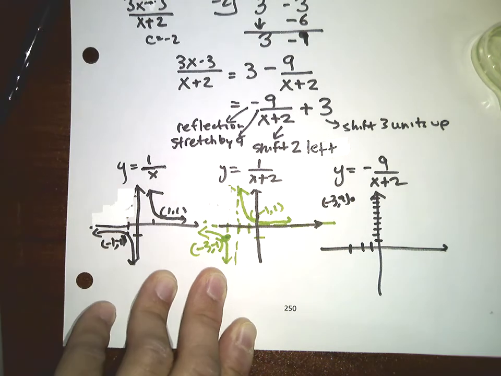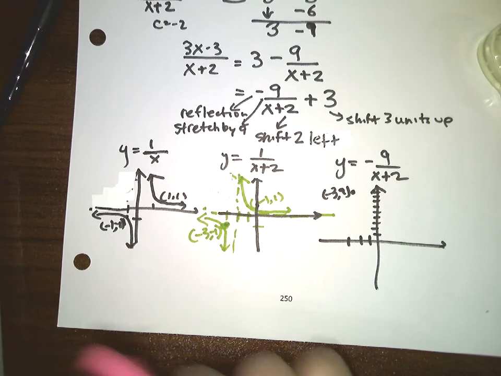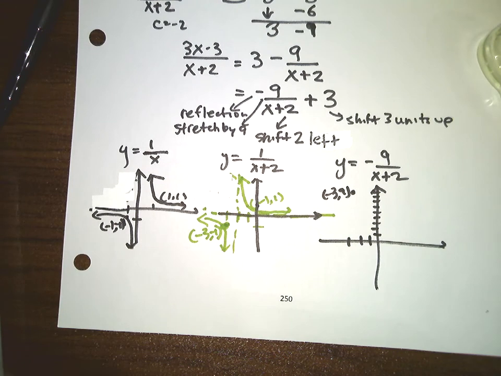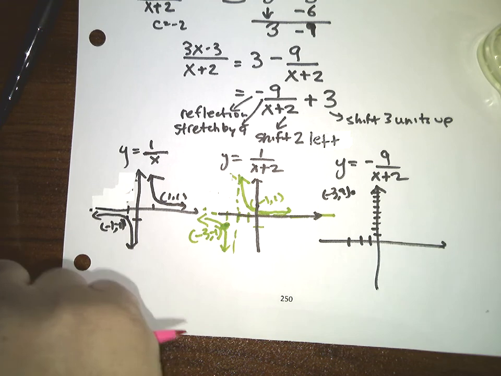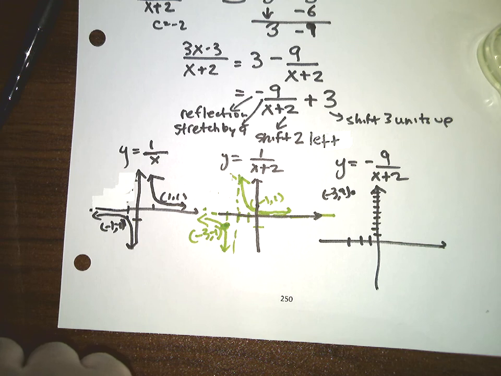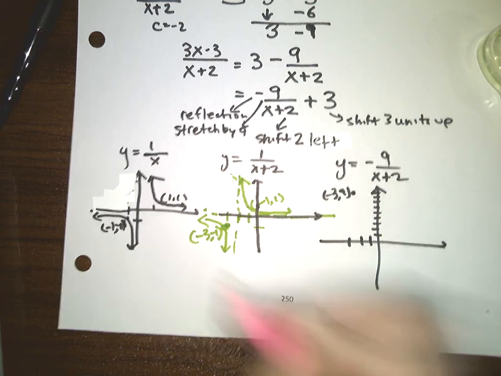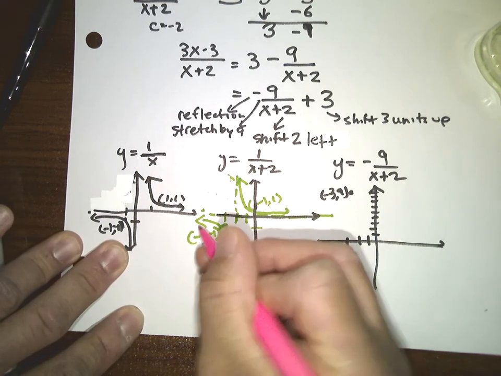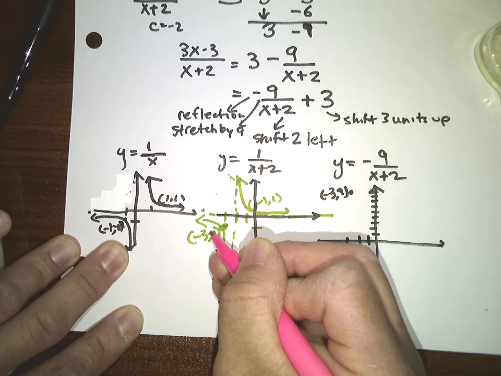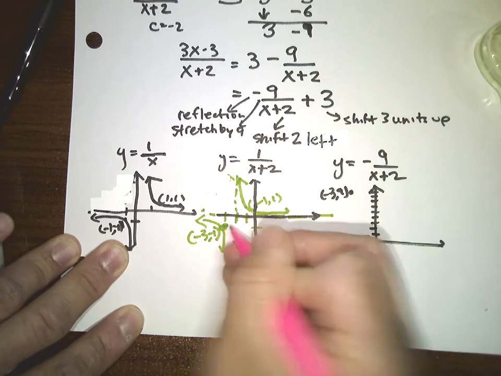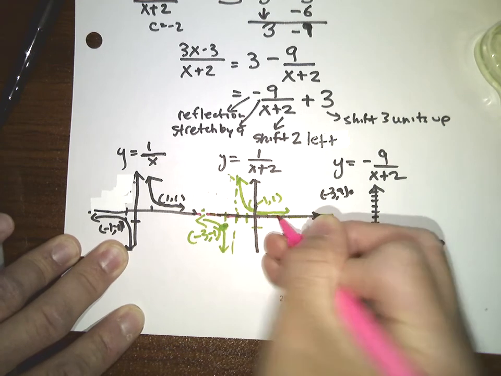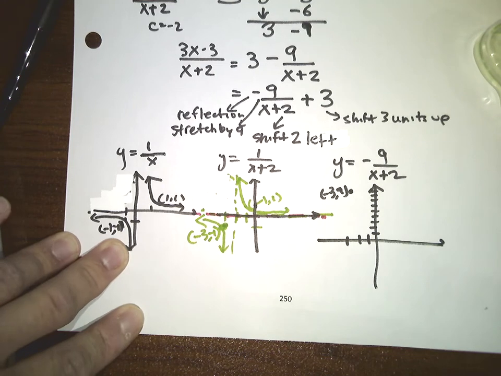By the way, you have to be somewhat careful about what you do with the asymptotes. Where is the asymptote? Here's the asymptote. There's the asymptote.